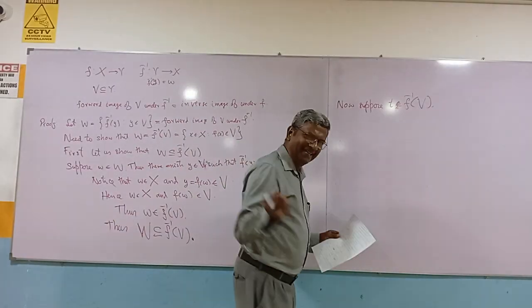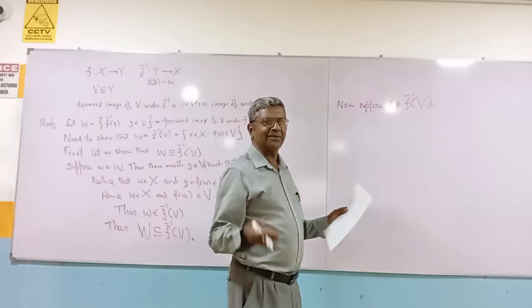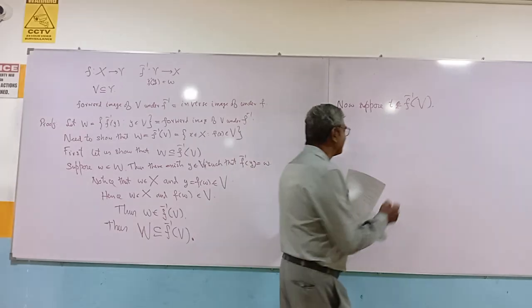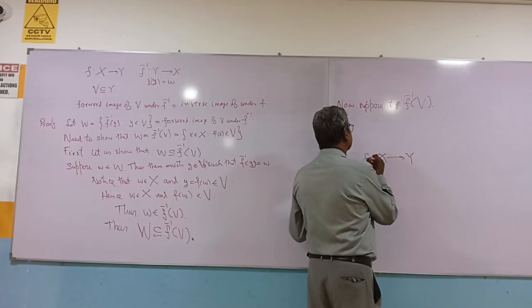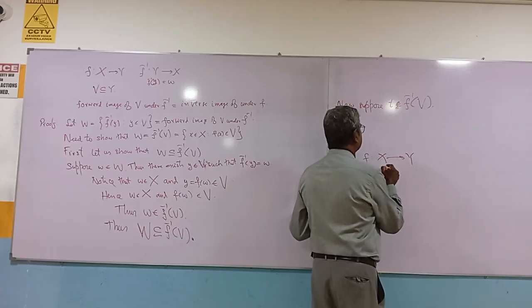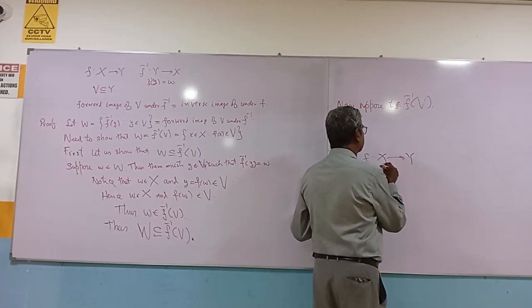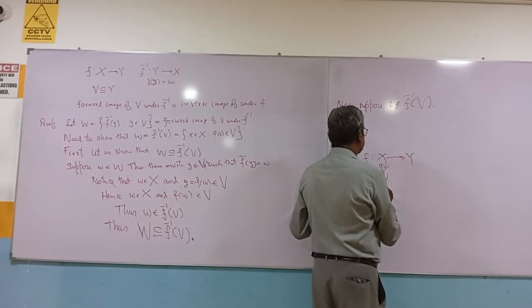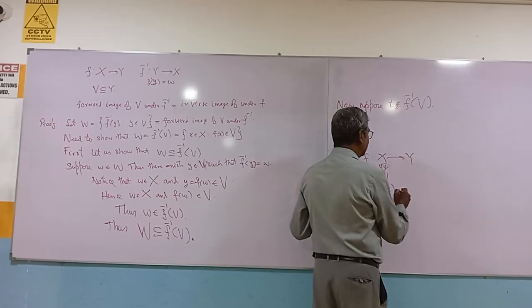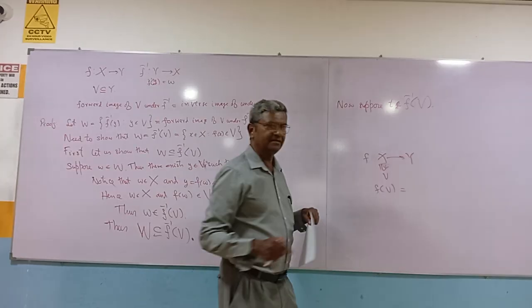But the funny thing is, even now we have a problem. If you are going from x to y, if f is a function and v is a subset of y, then when we say f v, this is actually the forward image.